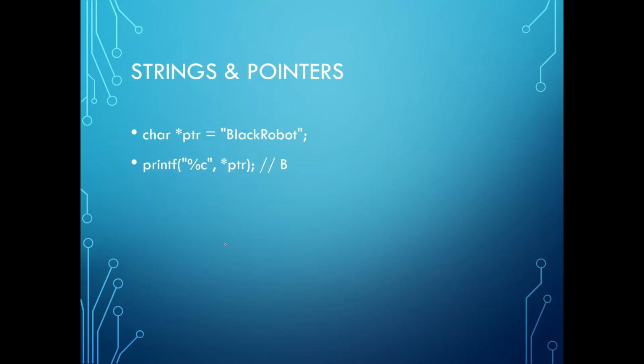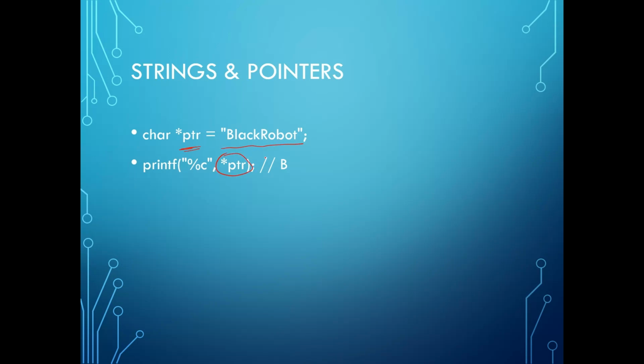So how do strings and pointers work? We will go more into it. Suppose you have a pointer holding the string "robot". So the value at the address on the pointer is "robot".